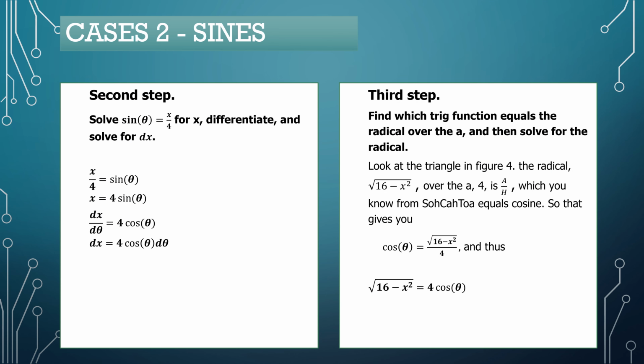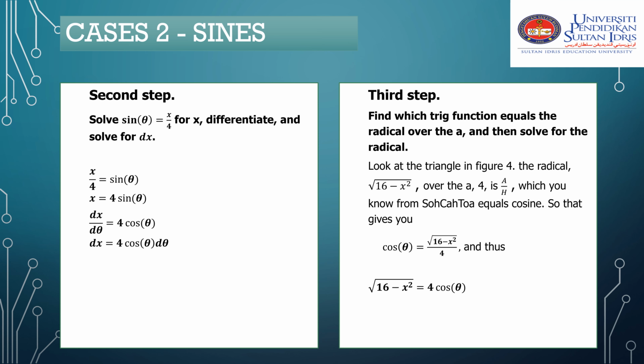For the second step, you must solve sine theta equals x over 4 for x, differentiate and solve for dx, as you see how I solve the problem below this. For the third step, you must find which trigonometric function equals the radical over the a and then solve for the radical.